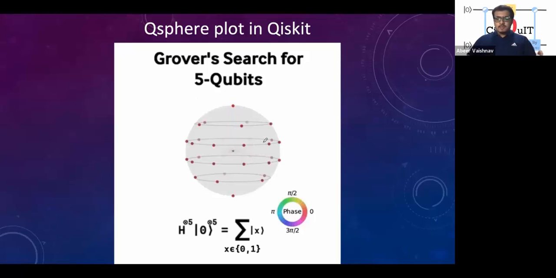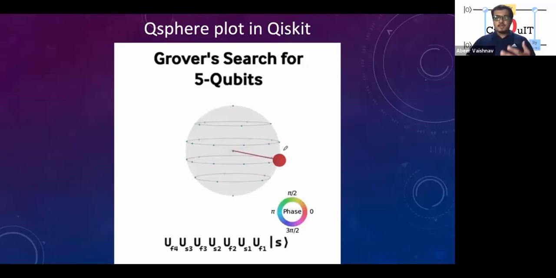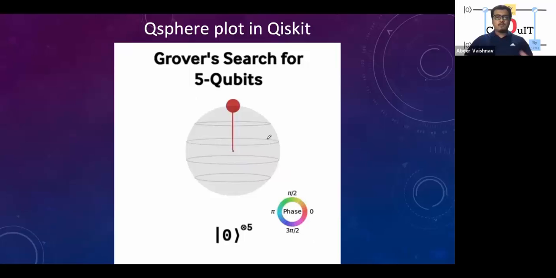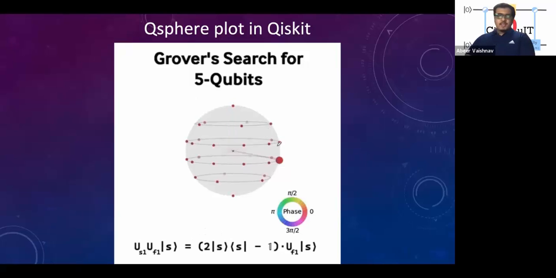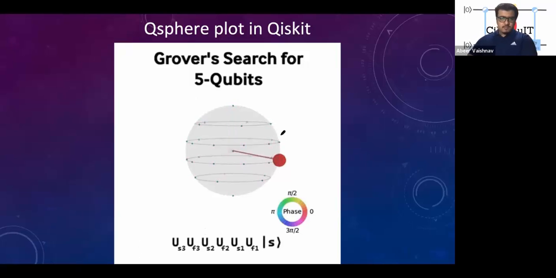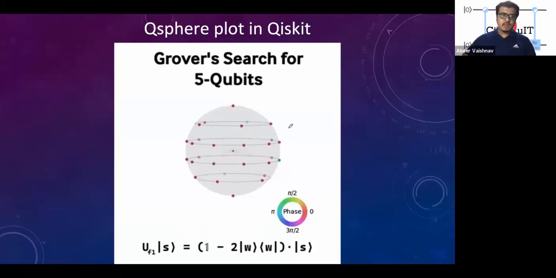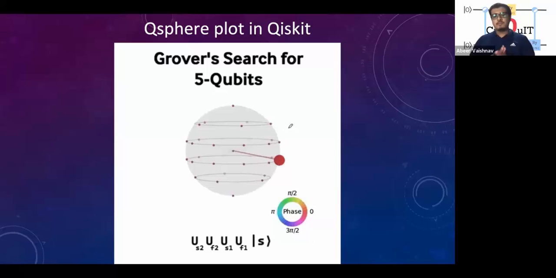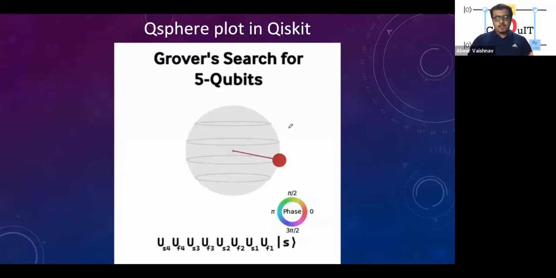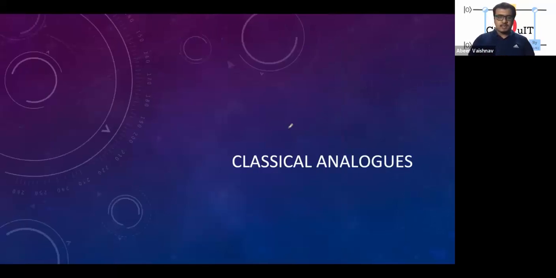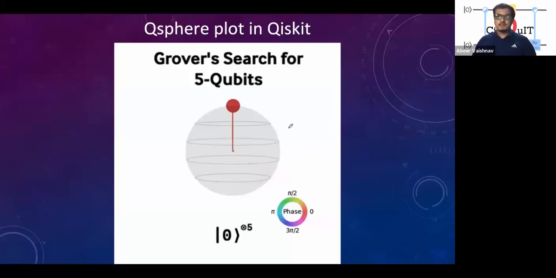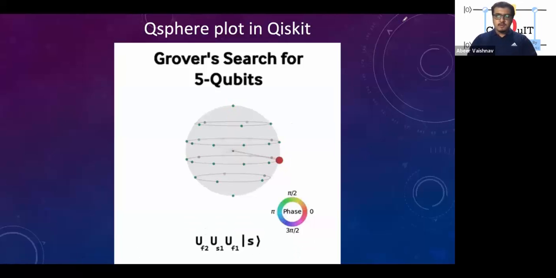A series of US and U omega operations are applied, and finally the marked state probability increases to 100%, and we get a result. So this is the end of the overview of Grover's algorithm. And now I would ask if there are any questions. I would love to take some questions at this point.